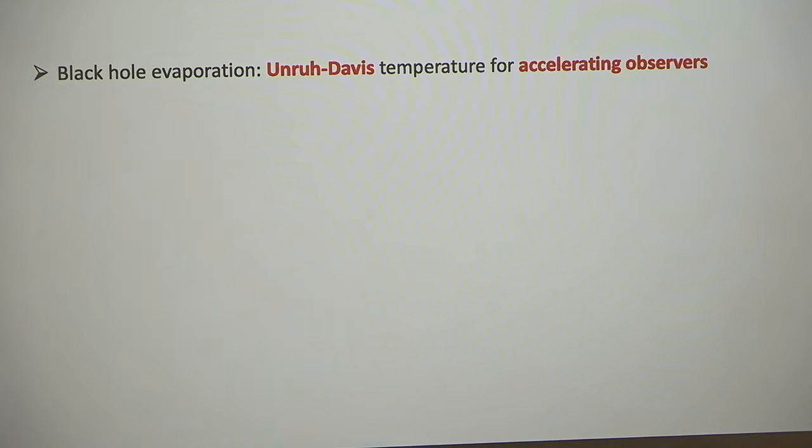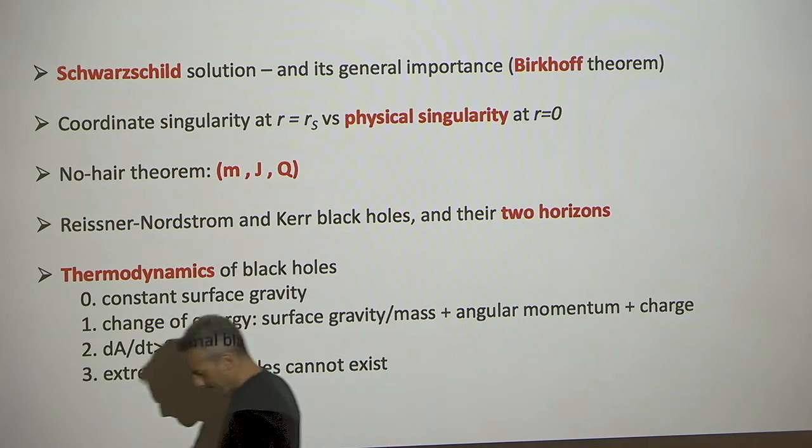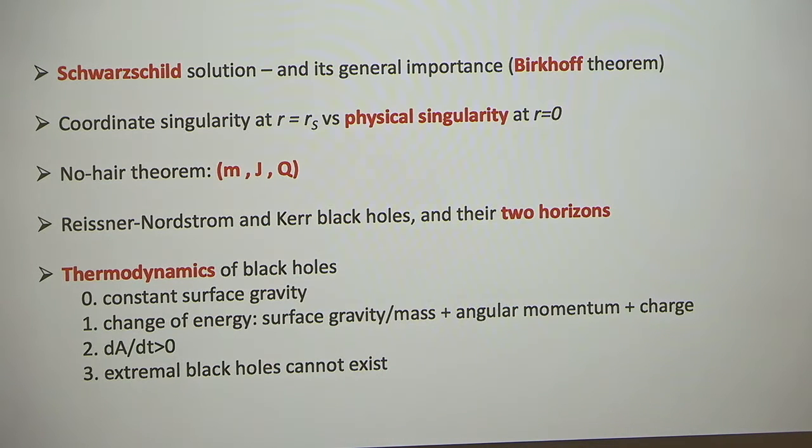Yes? In the third law of thermodynamics and in other places too, we're continually talking about area rather than volume. Why is that? Because we live in 4 dimensions. And so when you talk about a surface in the space slice of a 4-dimensional space-time, you talk about 2 dimensions.